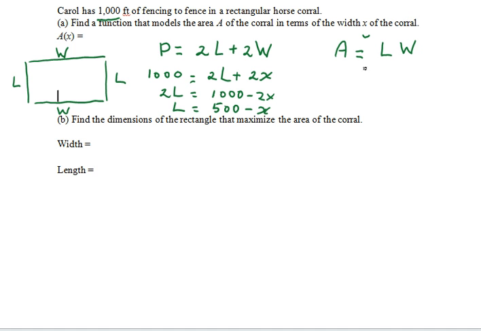But we can substitute the 500 minus X for the L and the X for the W. We can rewrite this as minus X squared plus 500X. So A is a function of X.